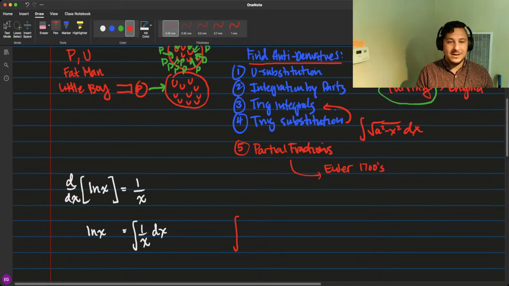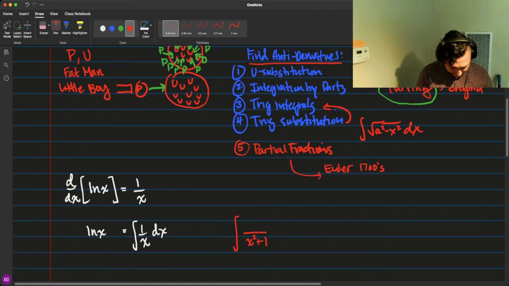Which means that with u substitutions, you could solve some problems like this. Let's say you have x squared plus 1 on the bottom. That could be your u.